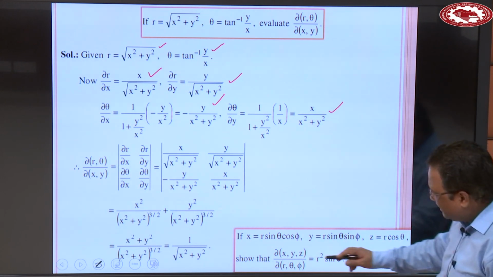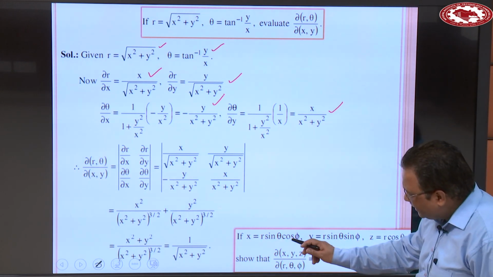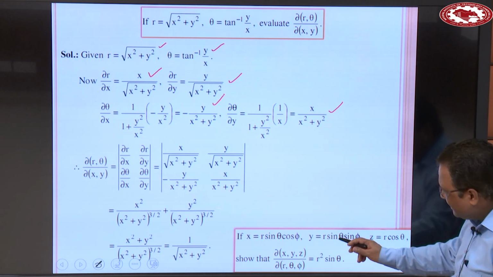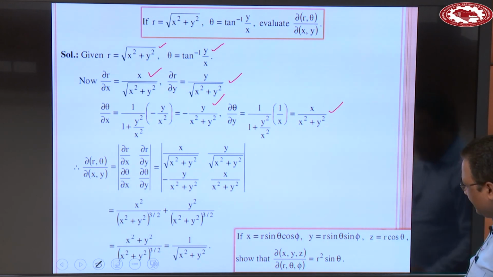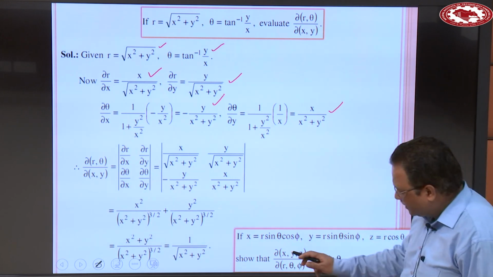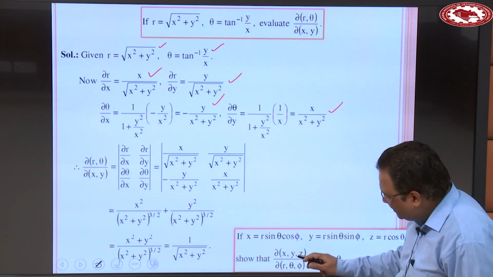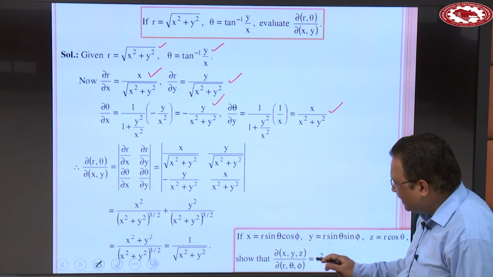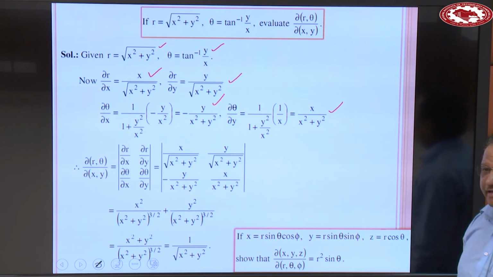Similarly, one more question. If x is equal to r sin theta cos phi, y is equal to r sin theta sin phi, z is equal to r cos theta, then show that ∂(x,y,z)/∂(r,theta,phi) is equal to r squared sin theta.